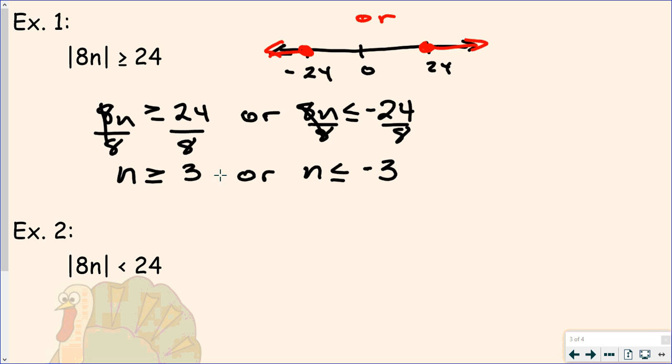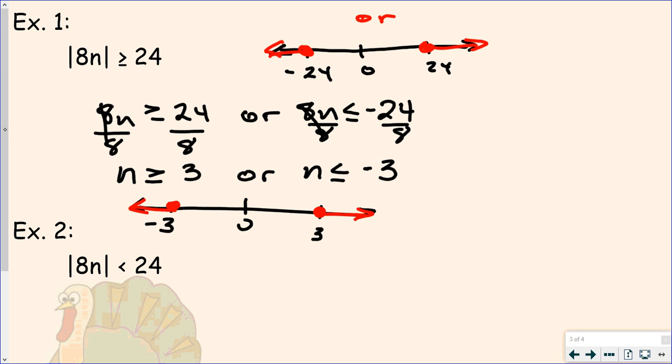And so the graph of this solution, if you were asked to graph it, would be: here's 0, here's 3, here's negative 3. It would be solid circles. n is less than or equal to negative 3, that's to the left. Greater than or equal to positive 3, that's to the right. And that would be your graph.